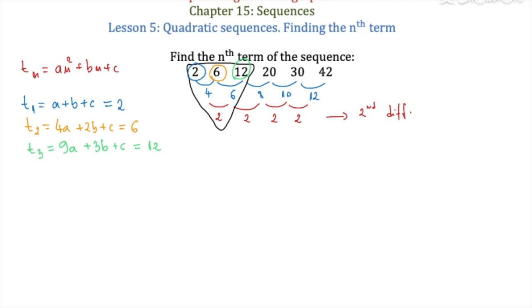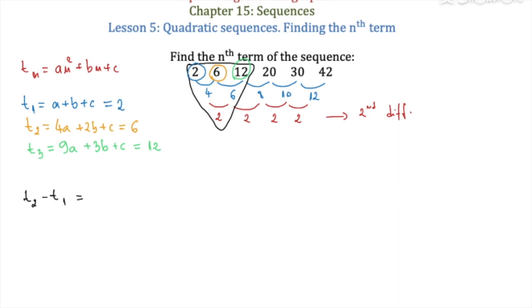In order to find the general rule of our sequence, we need to find a, b, and c. And we will do this by working with the differences. For instance, we've studied the first difference between 2 and 6, which is between term 1 and term 2. So we will do term 2 minus term 1, which is 6 minus 2, which is 4.